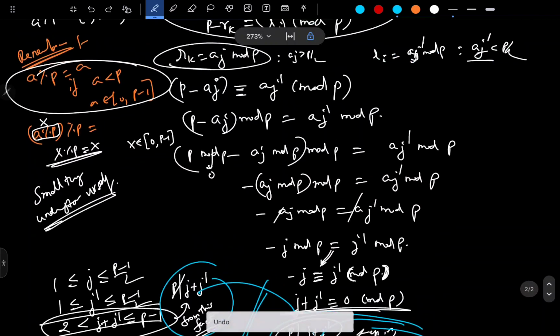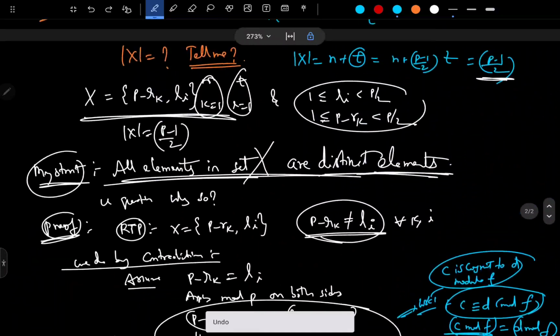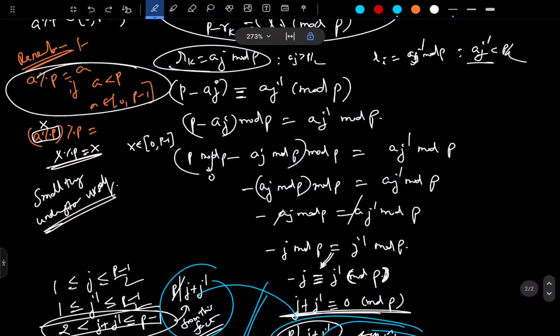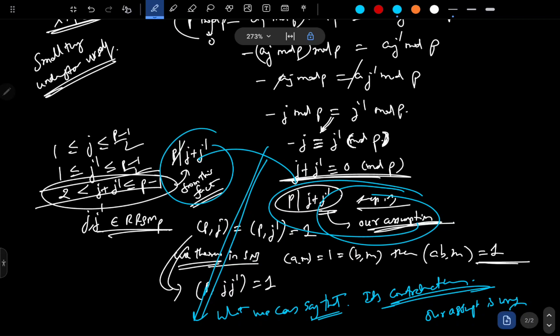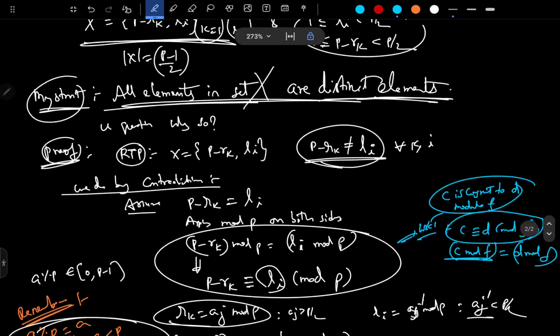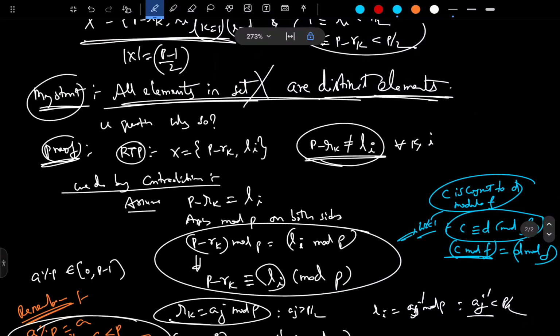What is our main assumption? You should not forget what your main goal is while you keep on doing modifications. Here our assumption is that all elements are equal, meaning some of them are equal.